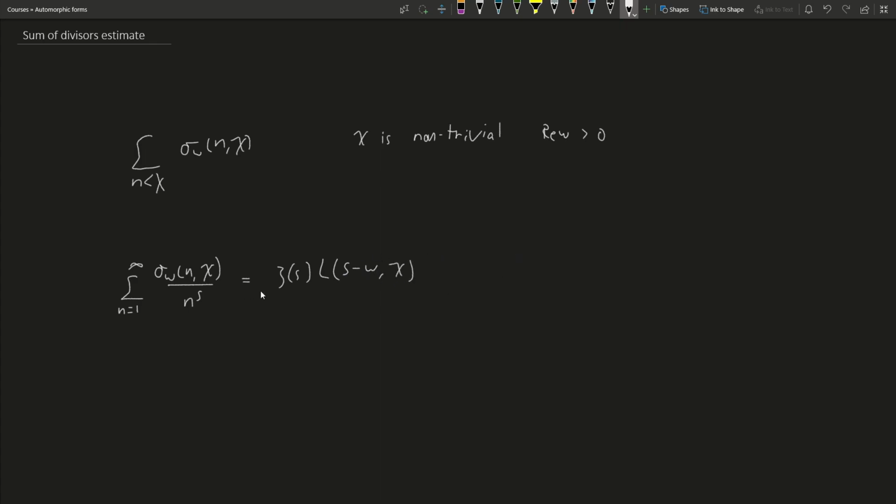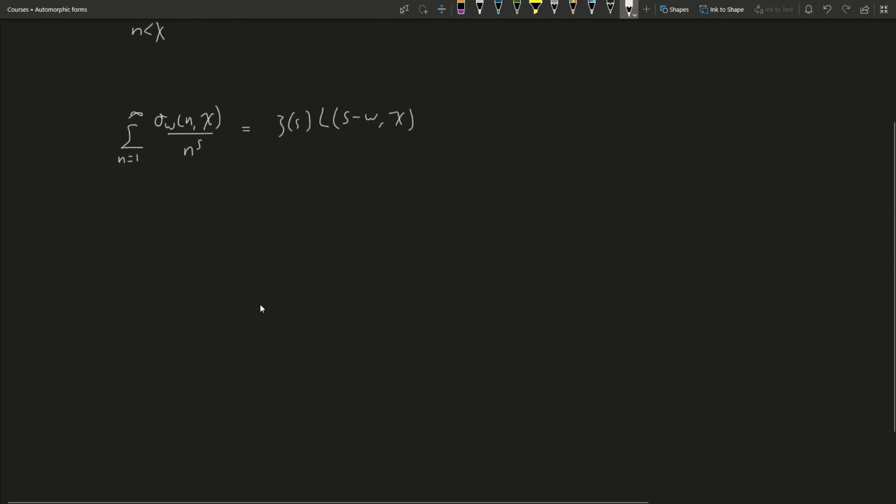And the general machinery that we've set up so far is that if you want to estimate partial sums like this, a really good way to do it is to look at the associated Dirichlet series and then use Perron's formula.